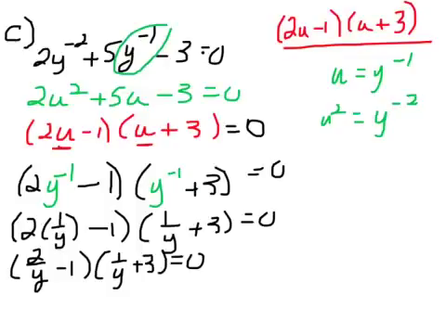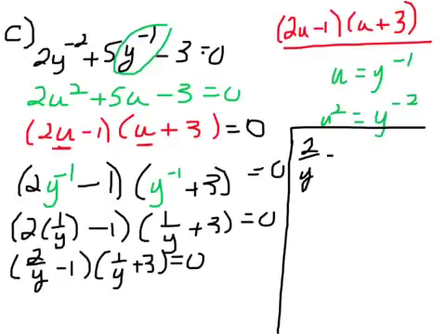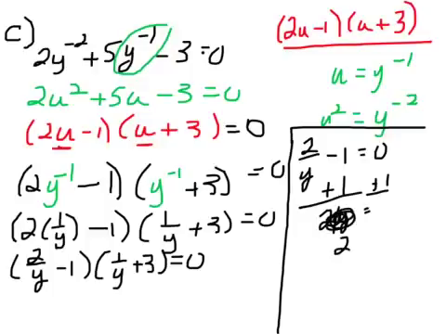So if I want to solve this, I'm going to take each factor and set them equal to 0. Let me come over to the side here because I'm about out of room. Okay. So if I take that first factor, 2 over y minus 1, and I set it equal to 0, I could add 1 to both sides, and that would give me 2 over y equals 1.